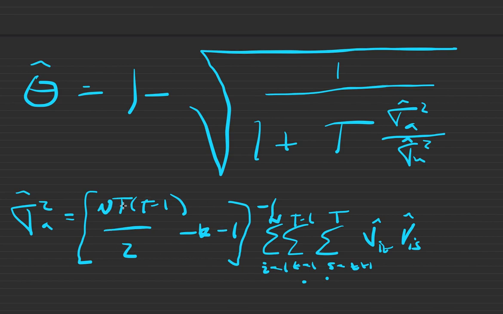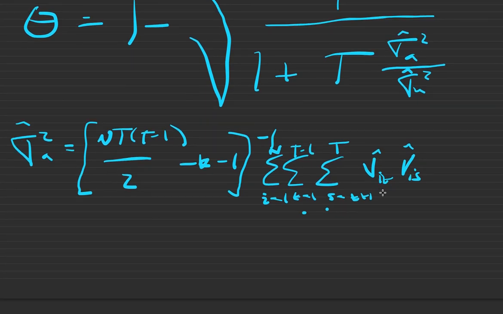And then we have a weight on this. We can then, after we have estimated sigma squared a, estimate sigma squared u hat, which is equal to sigma squared v hat minus sigma squared a hat.